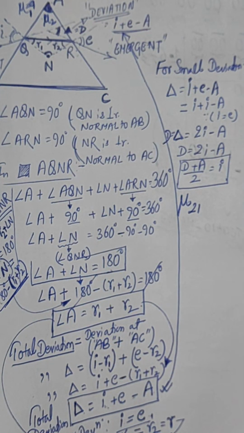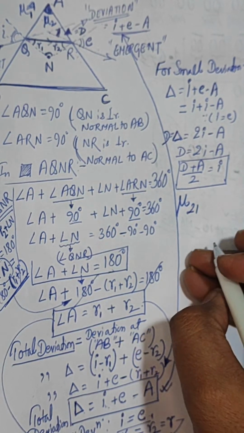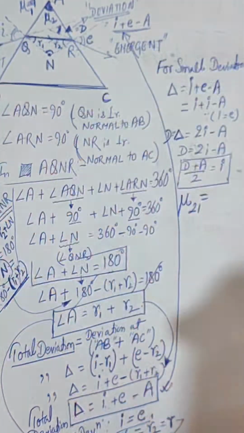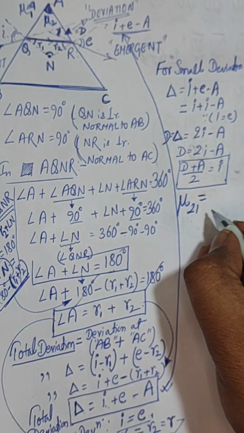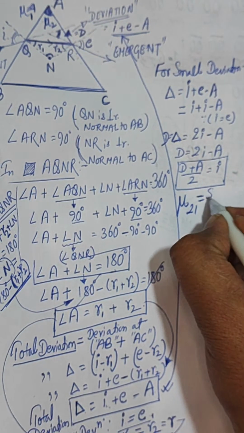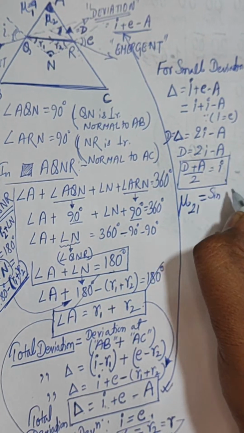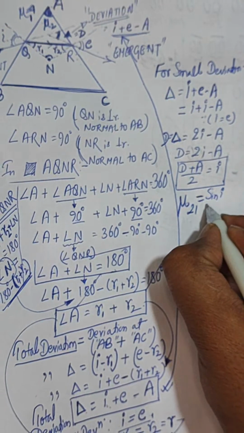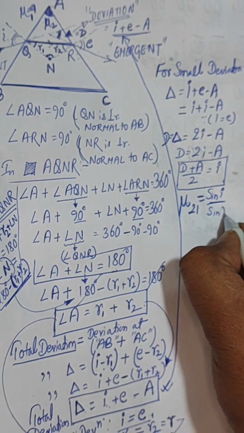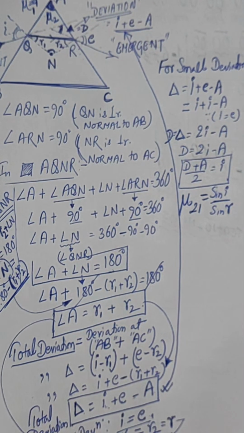Then in this case we can write that mu 2 1, that means this to this, is equal to how much? Sine of I by sine of R, right? Sine of I by sine of R.